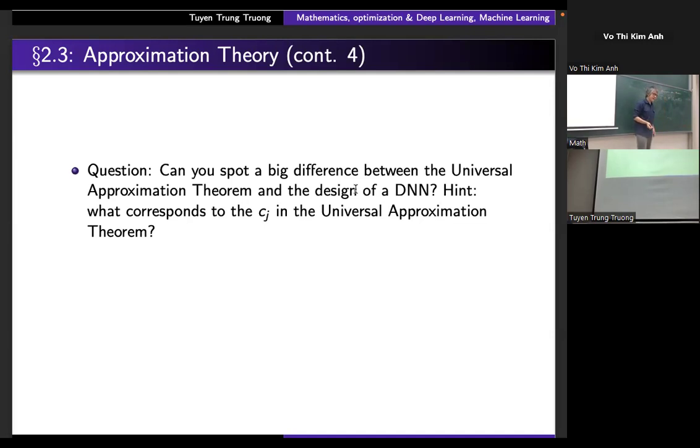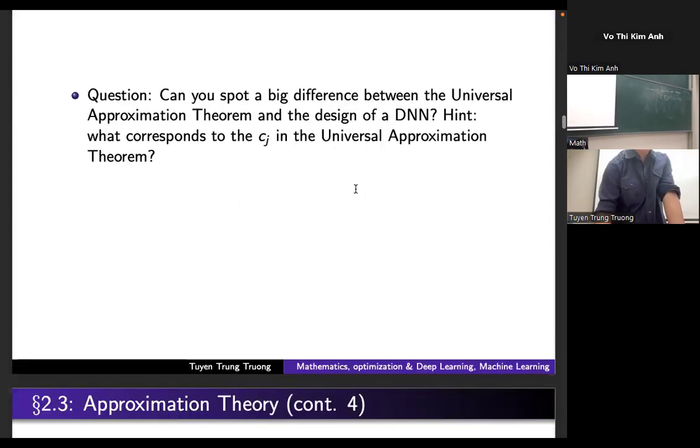In the deep neural network, when you use data, you don't have this sum, right? But in deep neural networks, you have more layers. So in deep neural networks you don't have this c_j. And there are also many other differences which I will come to later.